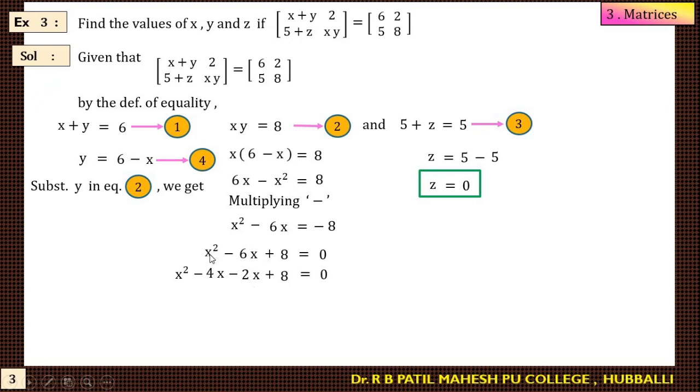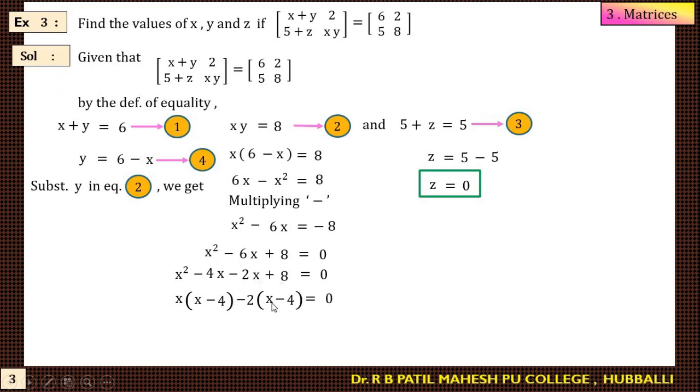You know the method of simplifying a quadratic equation, so the same technique here. x is common from these two terms. Taking x outside, from the first term you get x minus 4, and from the second term you take minus 2 common into the bracket, so it becomes minus 2, x minus 4, equal to 0.